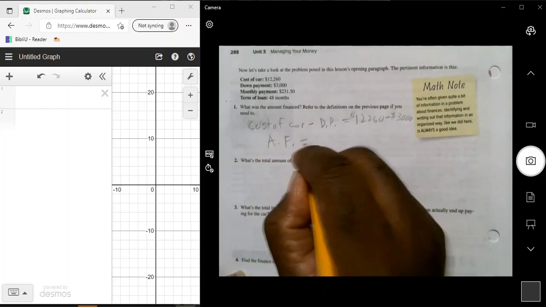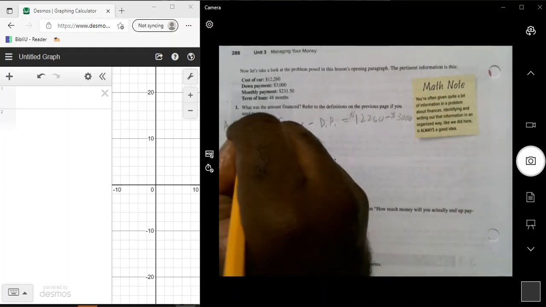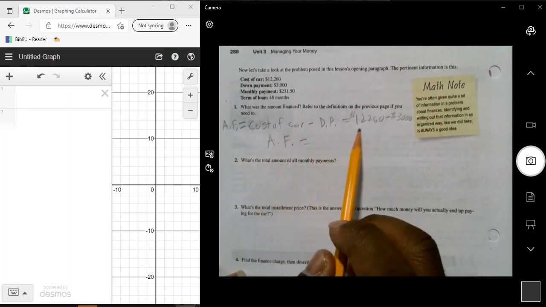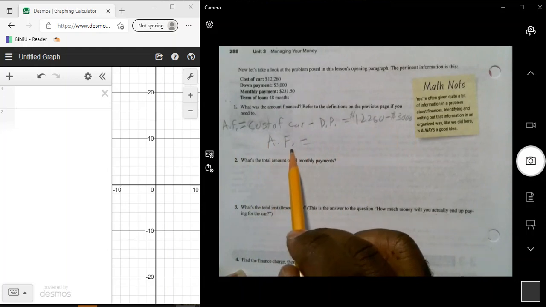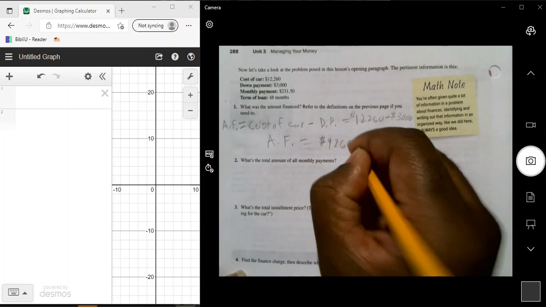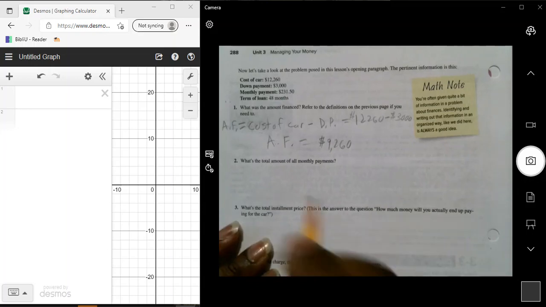I'll put AF for amount financed. The amount financed is the cost of the car minus the down payment, and these are the values. So the amount financed is equal to $9,260.